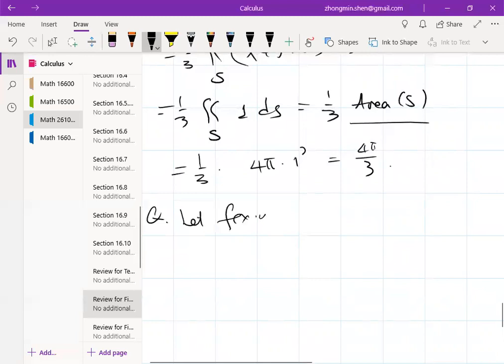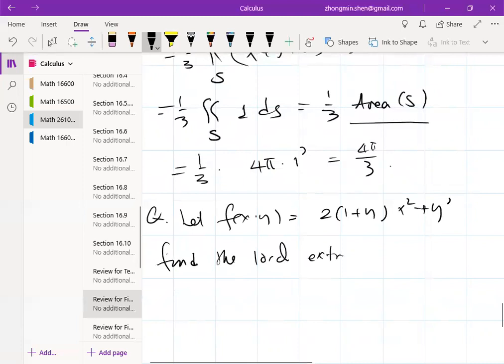Let f(x,y) be 2(1 plus y)(x squared plus y squared). Find the local extreme values, maximum and minimum values, and saddle points.